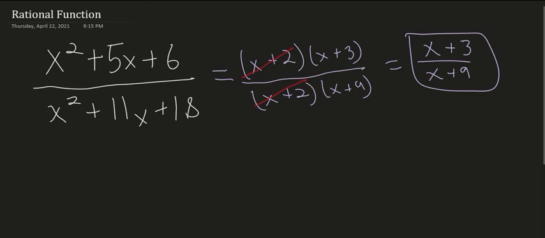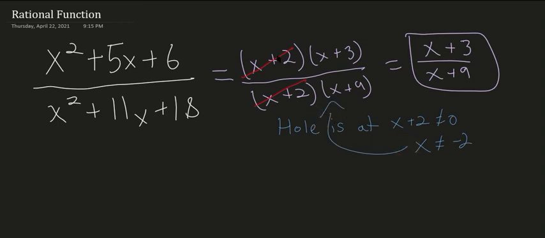And now what we have to do is the hole. The hole is actually pretty interesting. For the hole, we look at what we canceled out, x plus 2. So x plus 2 cannot be equal to 0, so x cannot equal negative 2. We can't put it into the original one, but we can put it into the simplified version to get the point.